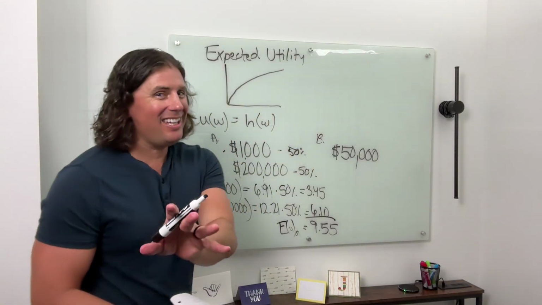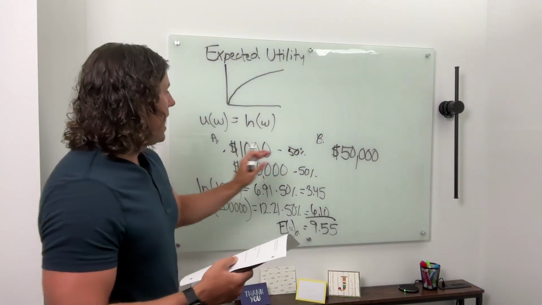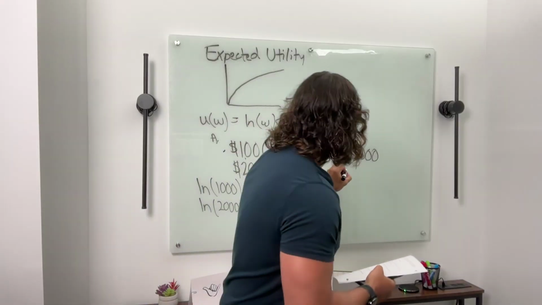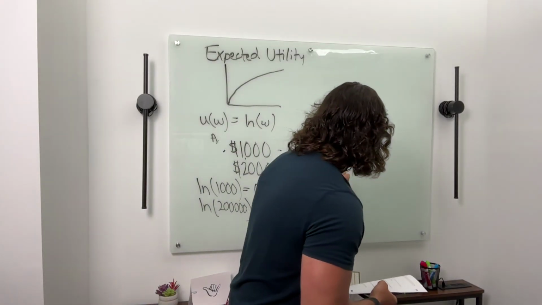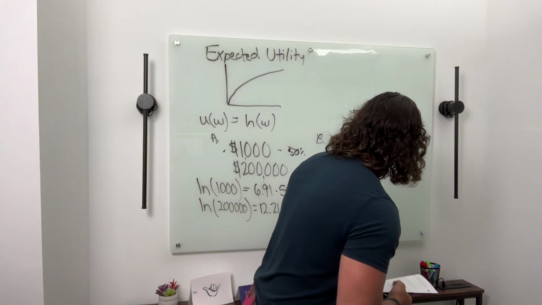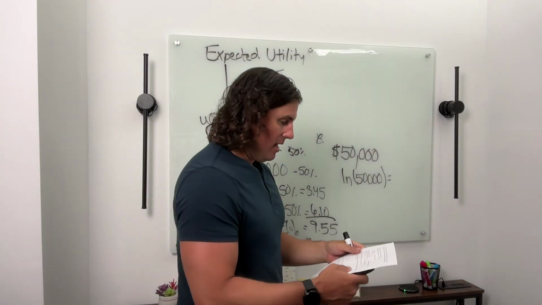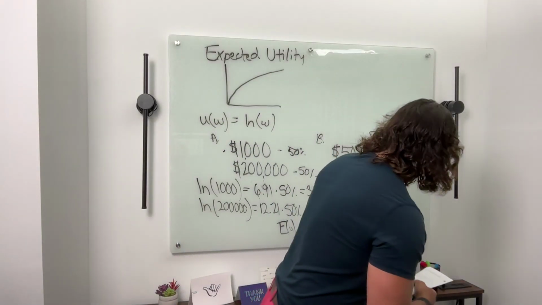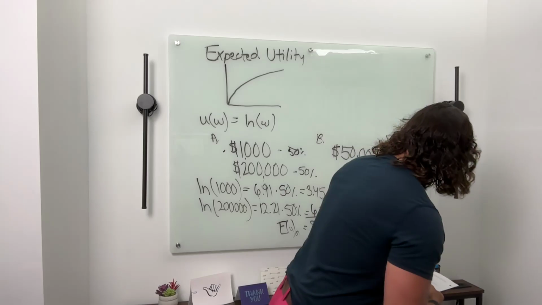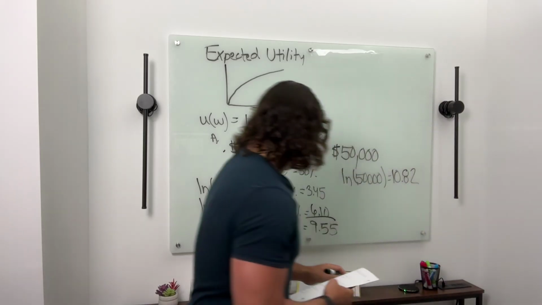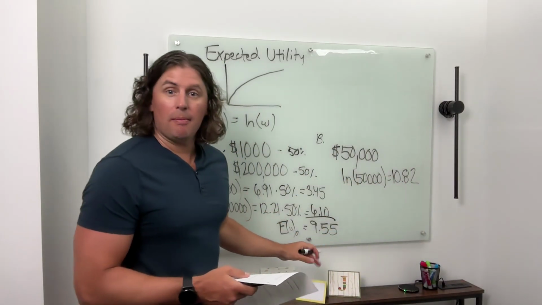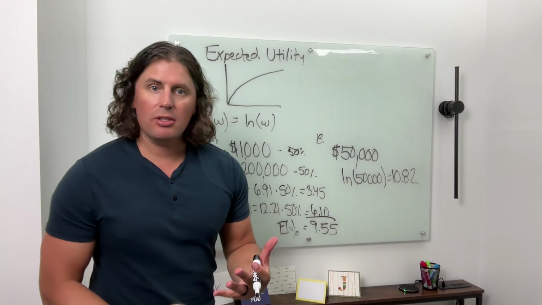Oh, we're getting a little mathy here. Hang with me, hang with me. Next, we're going to do the same thing. It is the natural logarithm of 50,000. And that gives us 10.82. Now we become expected utility maximizers.